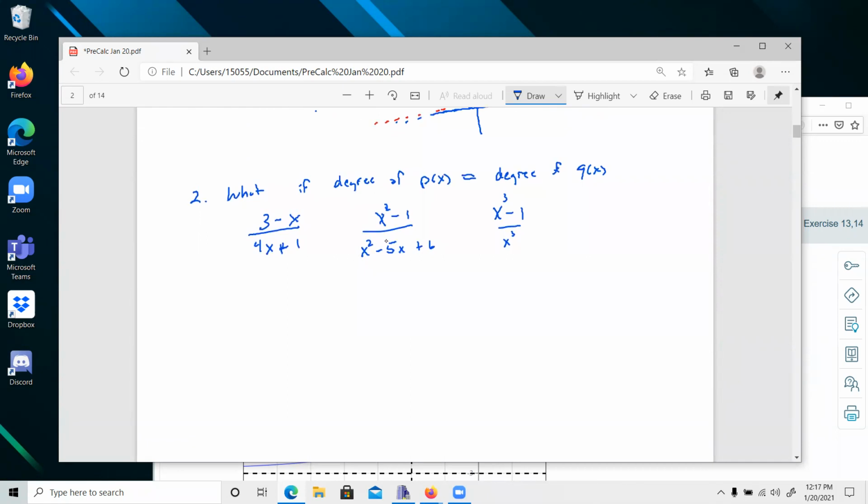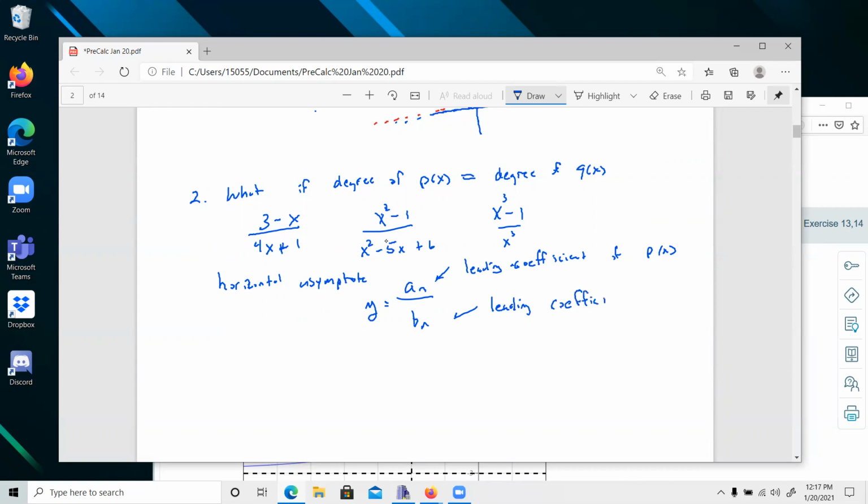Now, what do we have? We have a horizontal asymptote along the ratio of the leading coefficient of P divided by the leading coefficient of Q. So it's just the leading coefficients of the two.